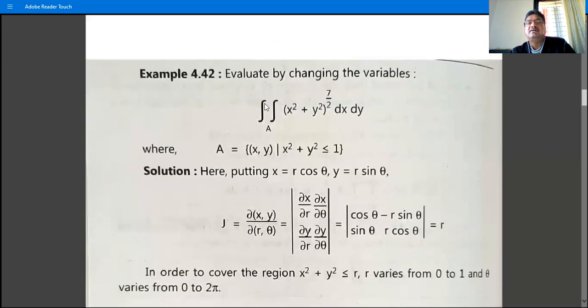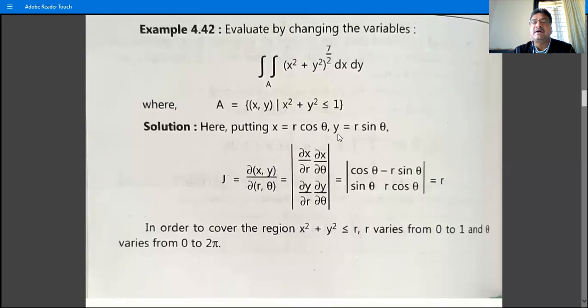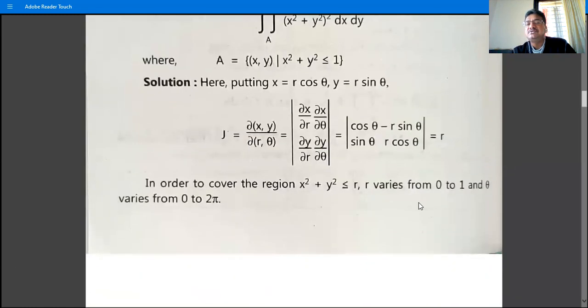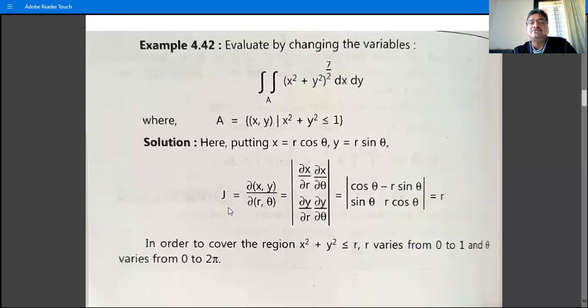Suppose this is the problem: evaluate by changing the variable. If there is a factor of the type x square plus y square, then replace x and y by polar coordinates r cos theta and r sin theta, and therefore x square plus y square is r square, and the Jacobian is r. Okay, x square plus y square is less than or equal to 1, so r varies from 0 to 1, and theta varies from 0 to 2 pi.